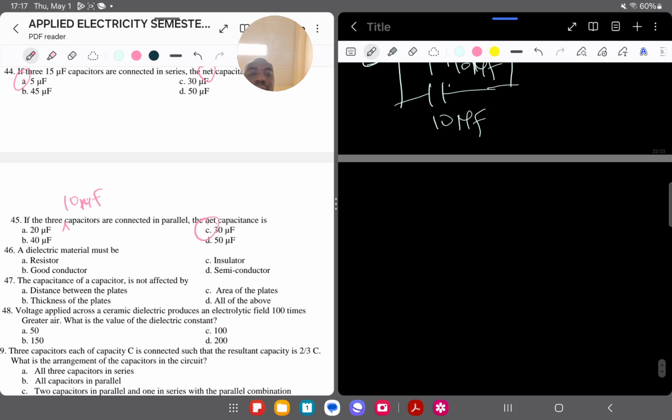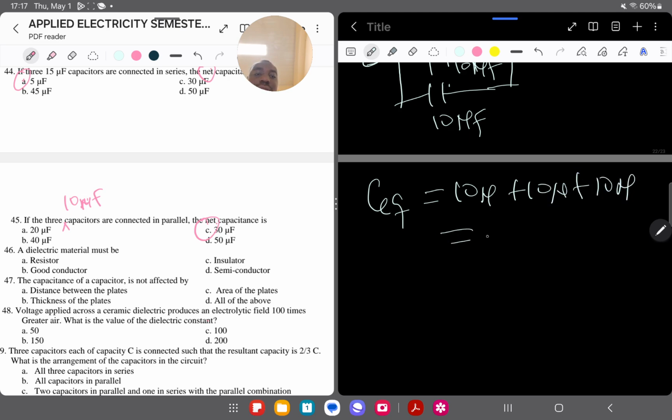So here the equivalent capacitance will be 10 micro plus 10 micro plus 10 micro, right? So that will give us 30 microfarad. Or we can use this simple formula here.